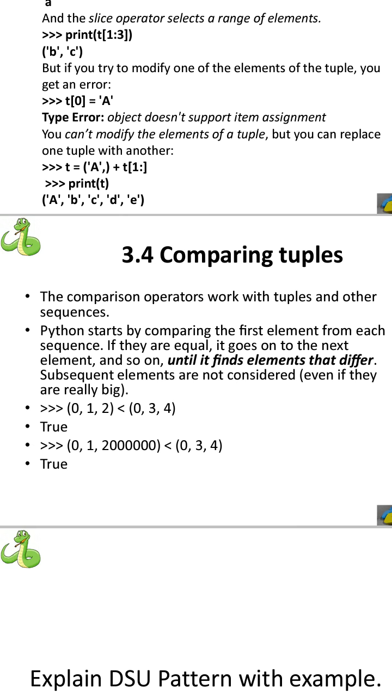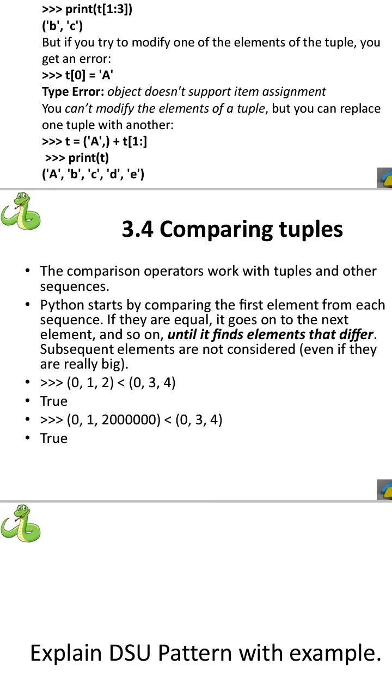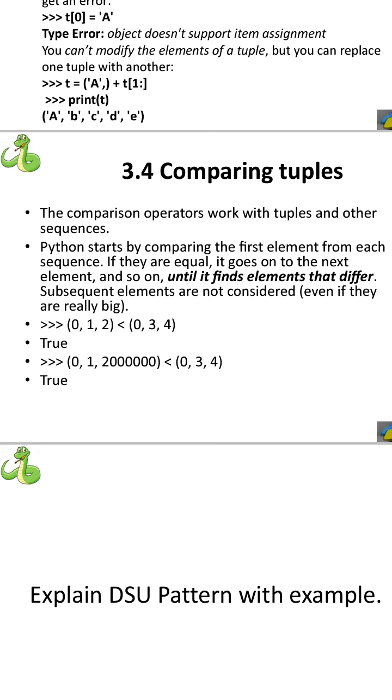If the first elements of both tuples are equal, then I will go for the next element. If the second element is also the same in both tuples, I will go for the comparison of the third element from both tuples. And this process will continue until there is a difference between elements or it reaches the end of the list.